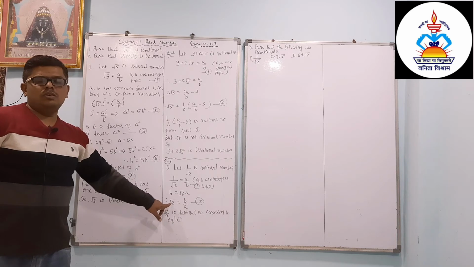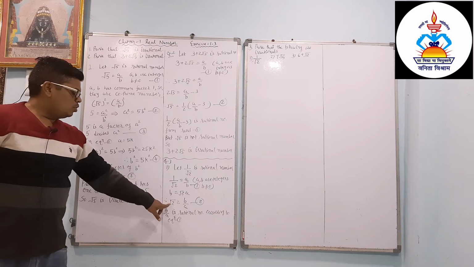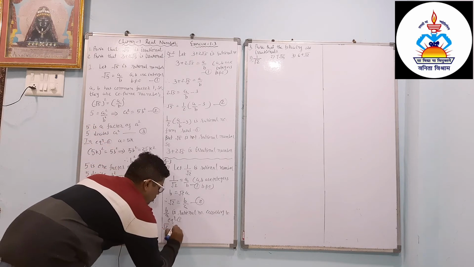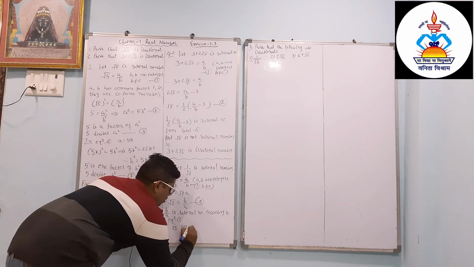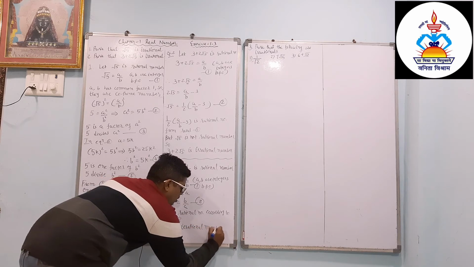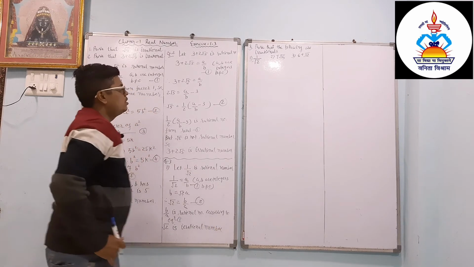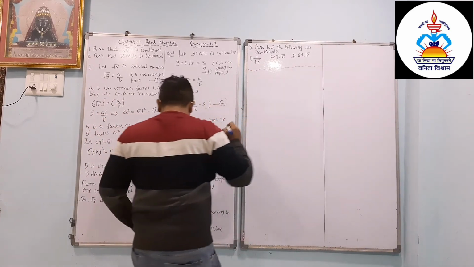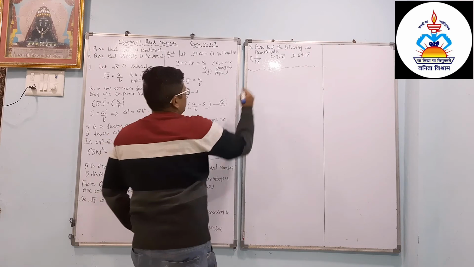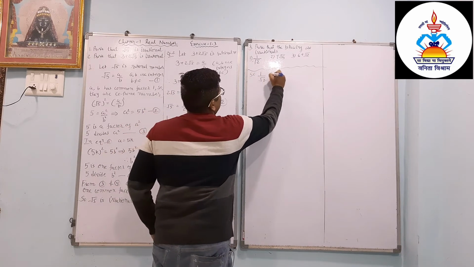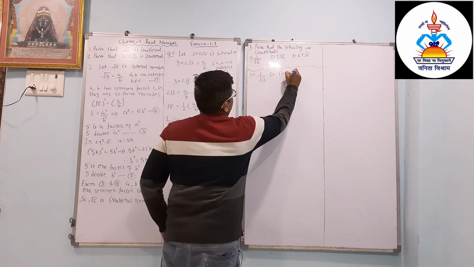But root 2 is not a rational number. Root 2 is an irrational number. So we can say that 1 upon root 2 is an irrational number.